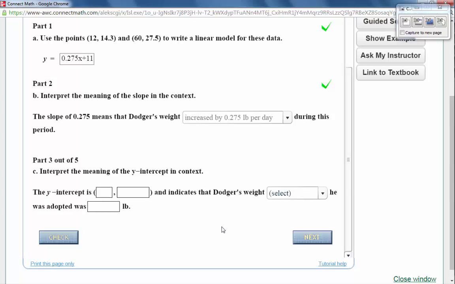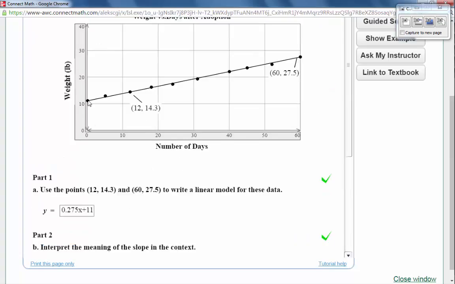Okay? Now, what's the meaning of the y-intercept on this picture? Here's the y-intercept. We found it 11. Remember? This number we found here is the y-intercept. That's this location. What's the meaning of it? It's a weight, but when? At day 0, when you first acquire the puppy.